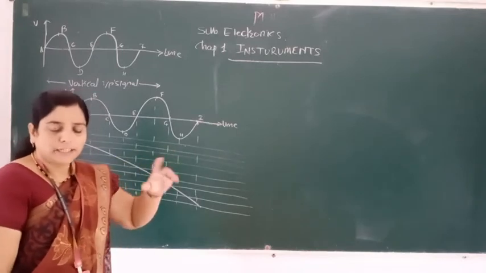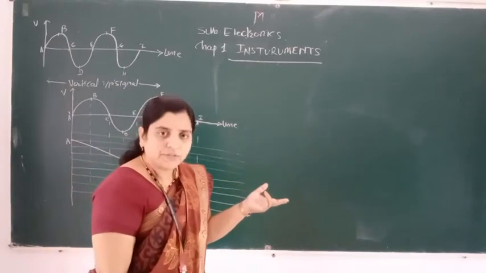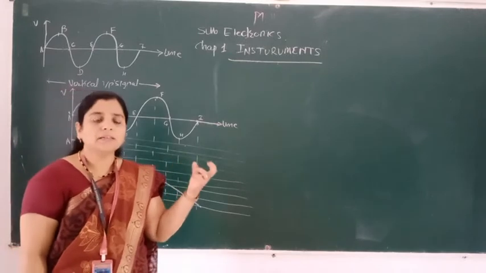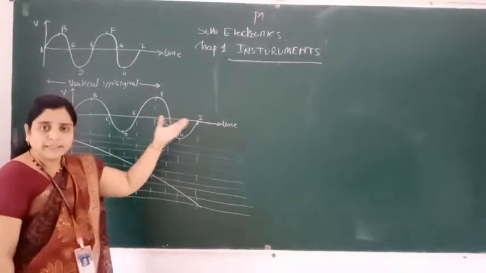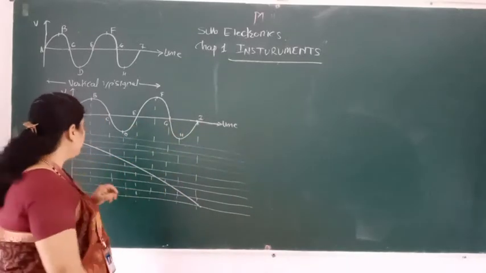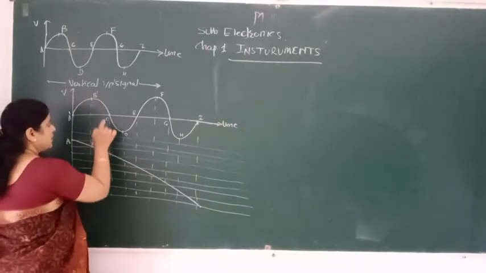It converts the electrical signal into a visual signal. So it prepares the picture of that signal. It prepares the waveform. If you give the electrical supply, it converts it into visual form. It forms the waveform. Then this is the B point, the mirror image of that.